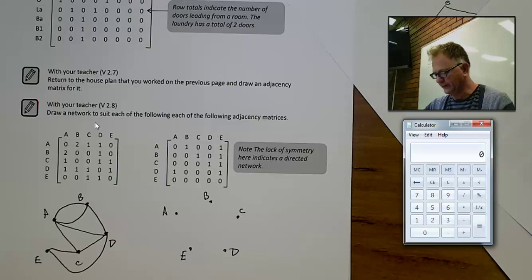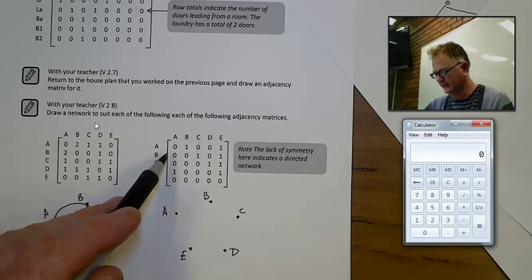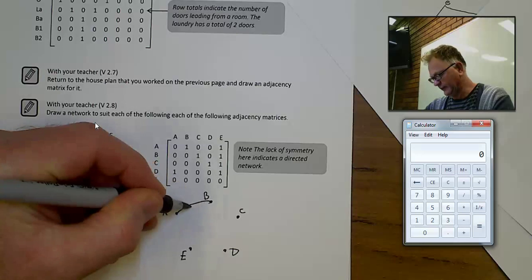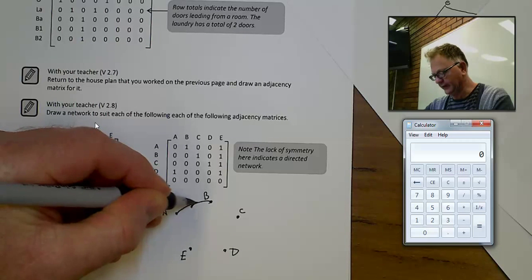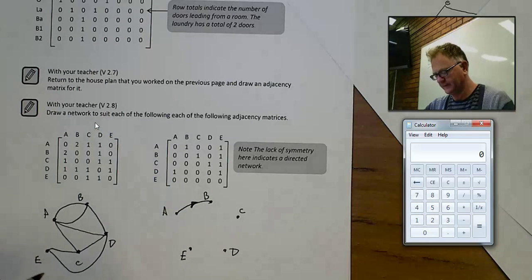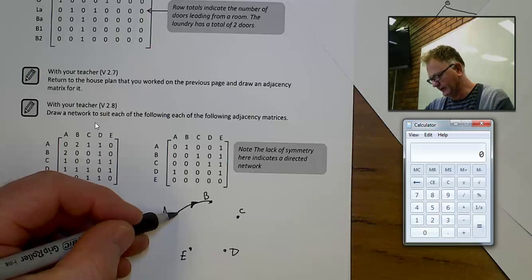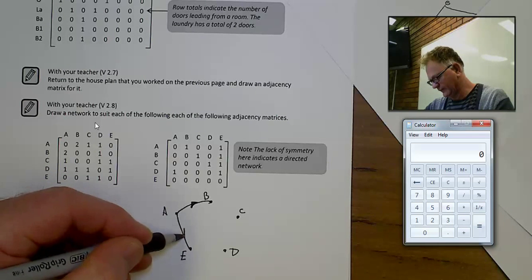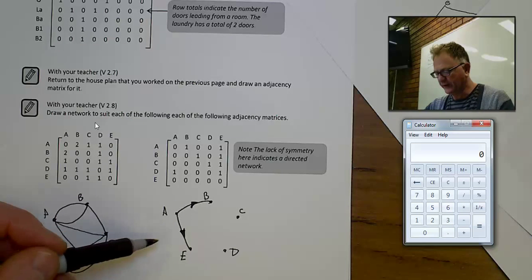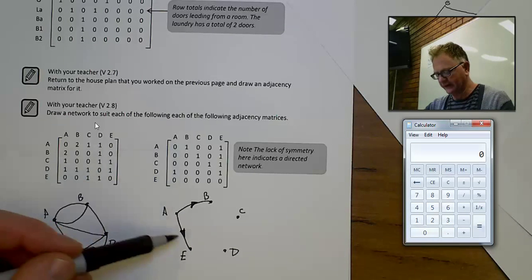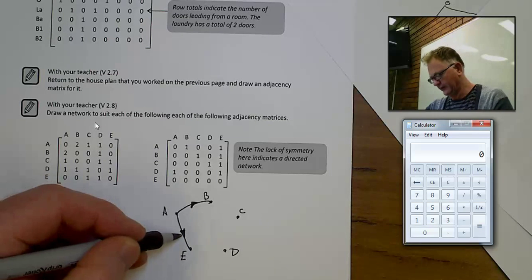Okay, so from A there is an edge to B. I'm going to indicate it with an arrow this time because I know I'm dealing with a directed network. There is also an edge to E. But you'll see there's not necessarily an edge from E to A, so that's why the arrows are working here.